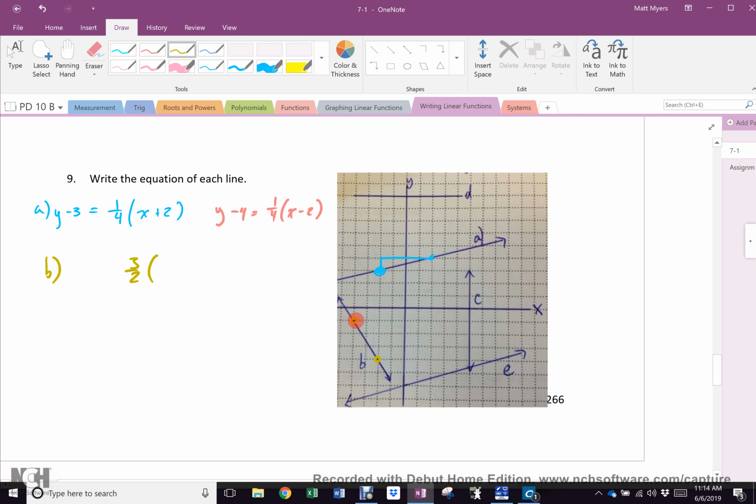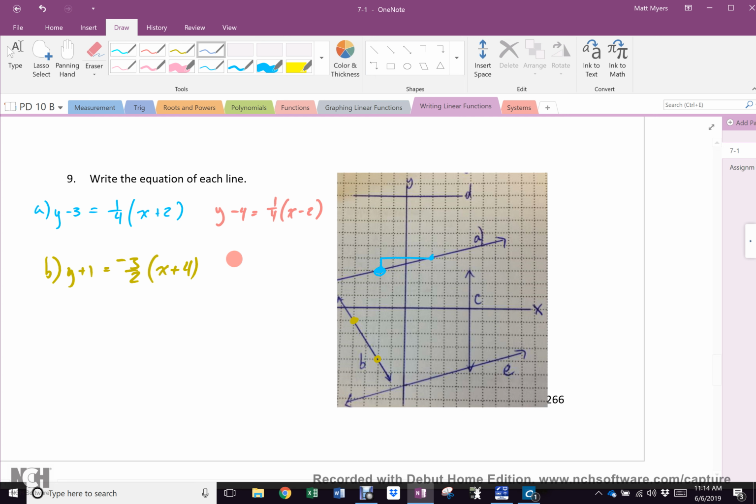3/2. Can I use that point? Negative 3/2. Can I use that point? Which would be what? X plus 4 equals y plus 1.